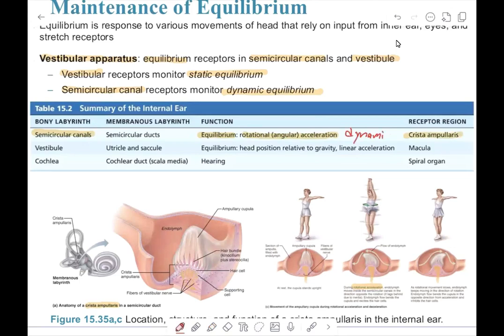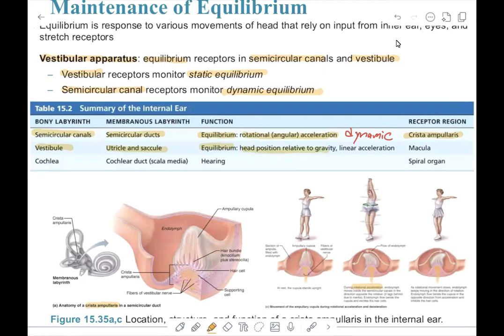So I'm going to put dynamic here. And again, the name of the receptor is important to know. It's the crista ampullaris. For the vestibule, this is going to be within the utricle or the saccule for equilibrium, but it's static equilibrium.